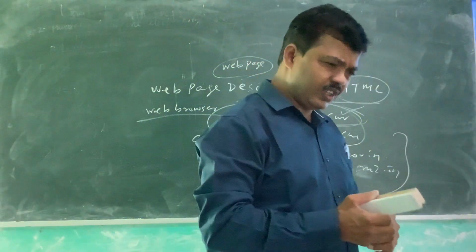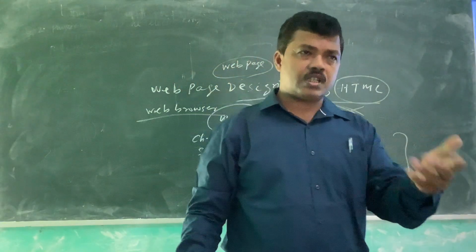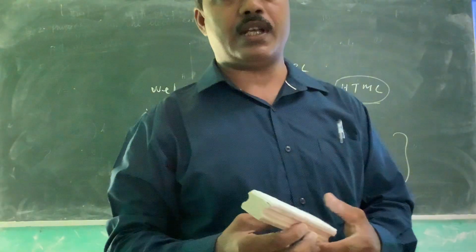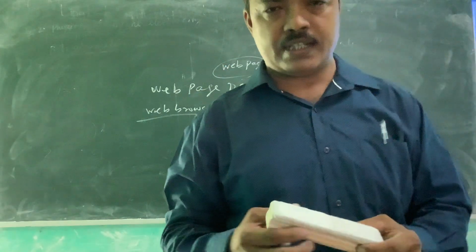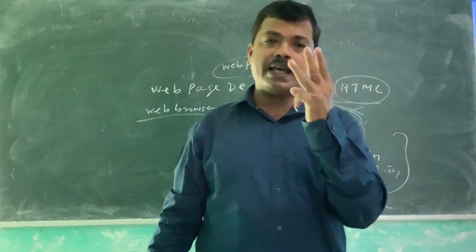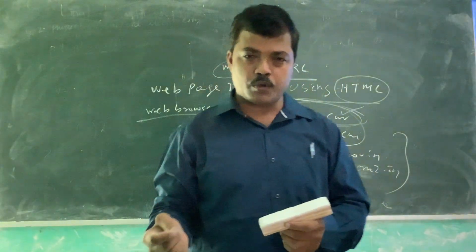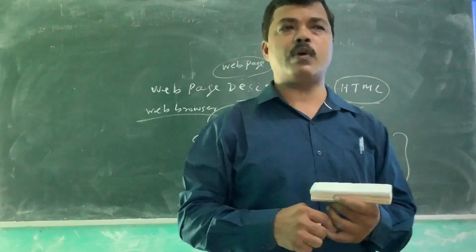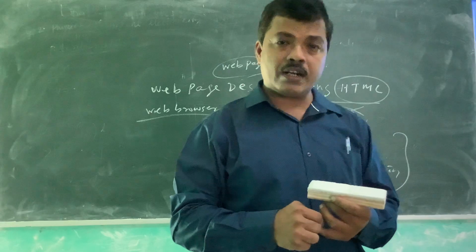Before going to discuss the different tags of HTML, let us clarify how many types of languages there are. Generally there are three types of languages. One is programming language, another is scripting language, and another is markup language.